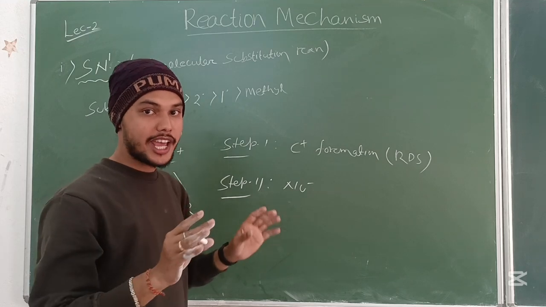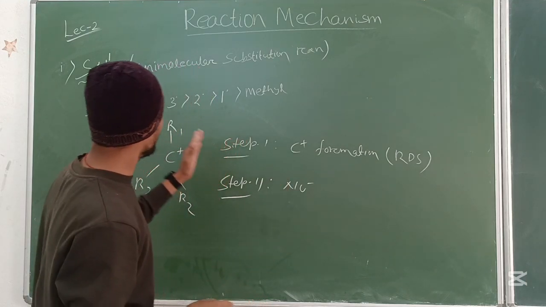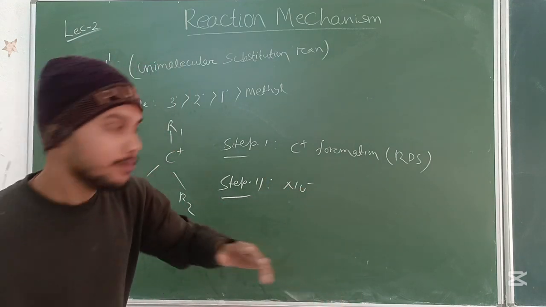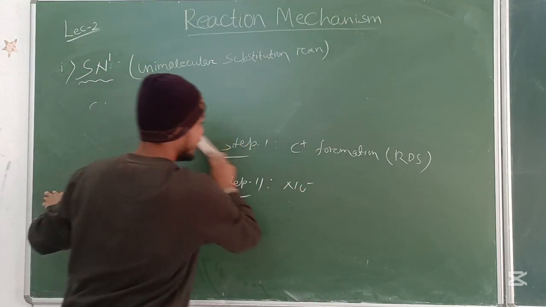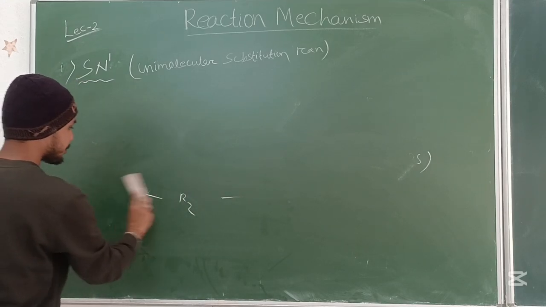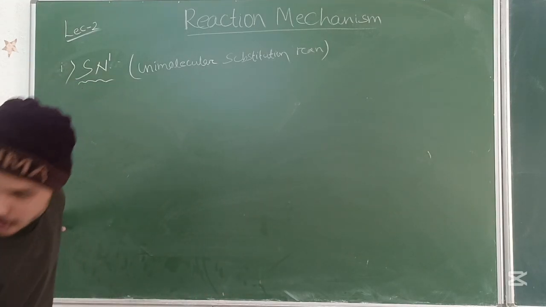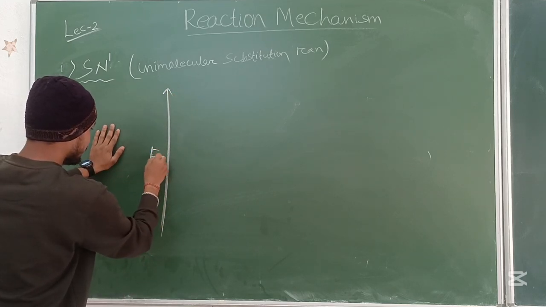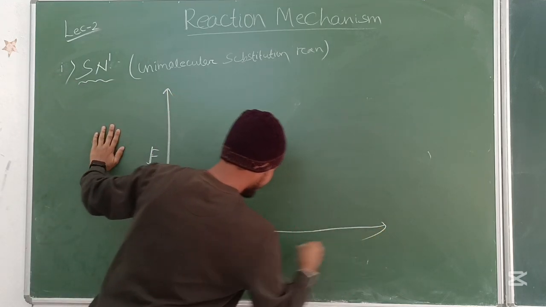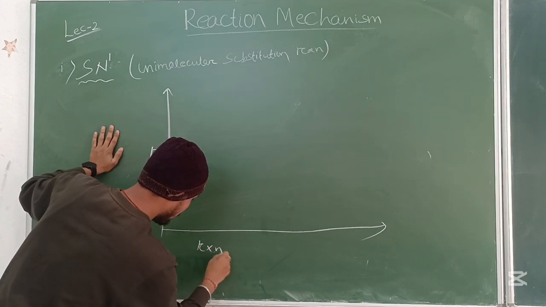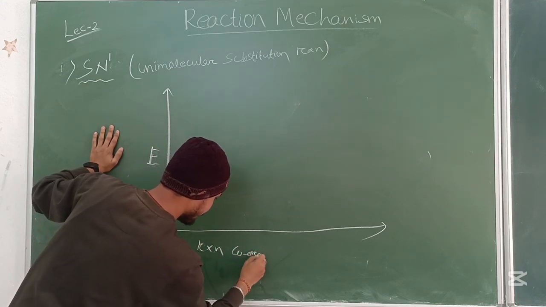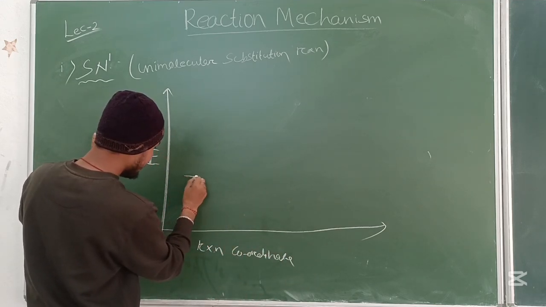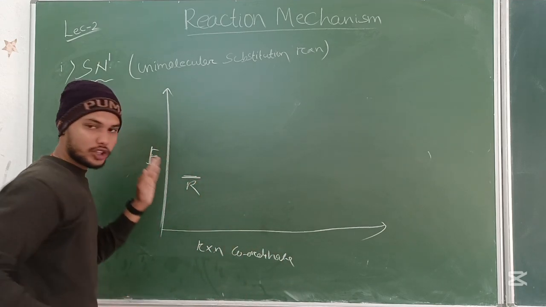If you draw the energy profile diagram, that shows how the SN1 proceeds. This is the energy and this is the reaction coordinate. The reactant begins here.